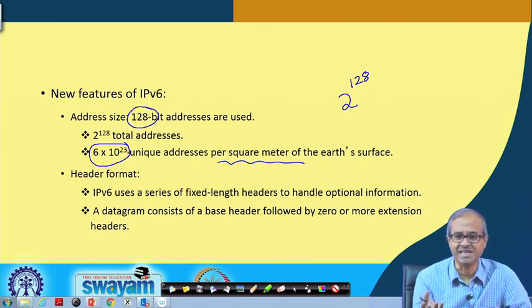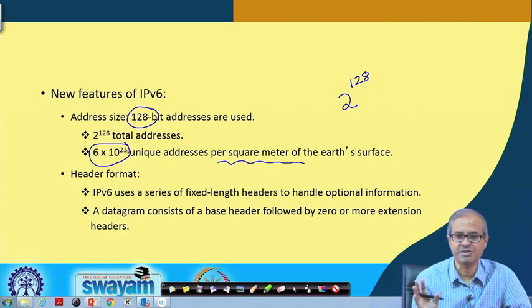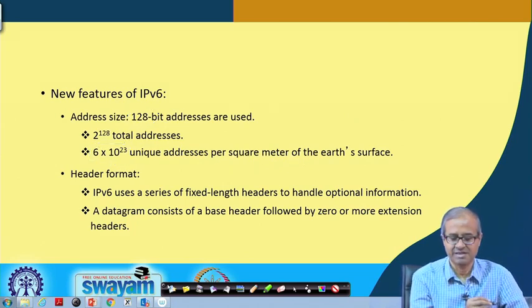So, this number is indeed huge, and it is expected that this will never be too small in the foreseeable future, right. So, this 128 bit is good enough, quite large.